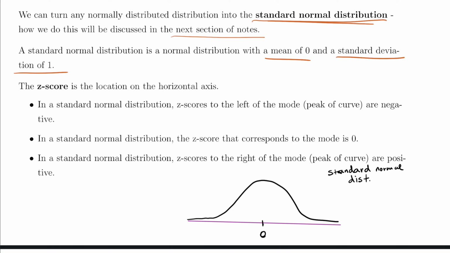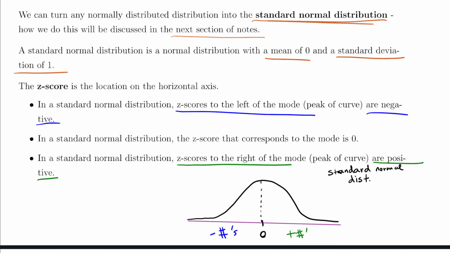So my z-scores will come from this horizontal axis, but on the horizontal axis, what's left of 0 is negative numbers. And that's why we know in a standard normal distribution, z-scores to the left of the mode are negative. Similarly, if you go to the right of 0, those are positive numbers, so in a standard normal, z-scores to the right are positive.